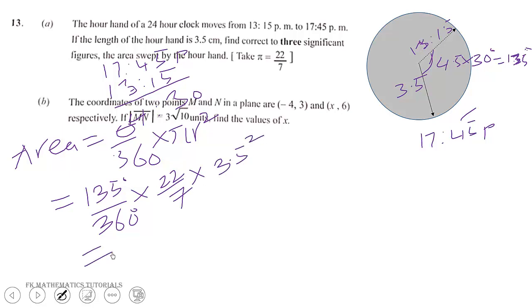So that will give us 14.4375. So take your time to simplify it, but that will give you more marks. So how many significant figures? 3 significant figures. 1, 2, 3. So we have 14.4 centimeters squared.